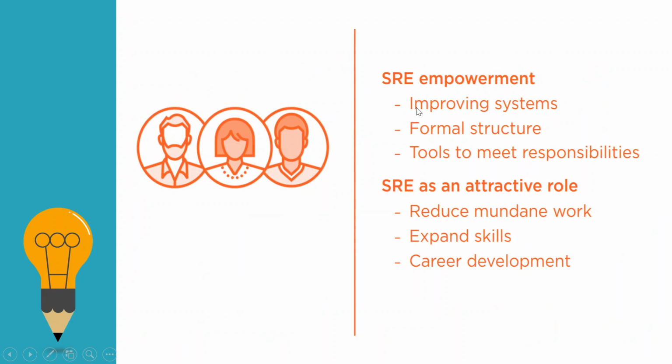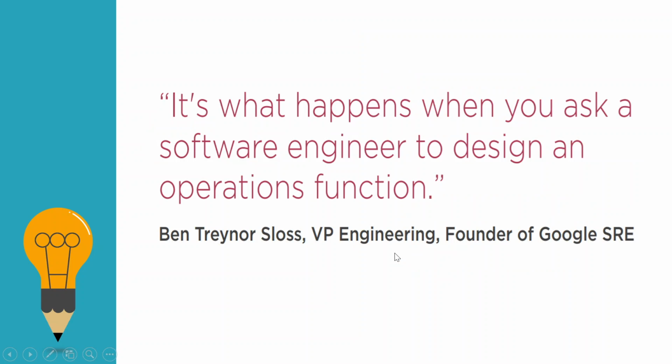So SRE empowerment improves systems and gives a formal structure, a structured way in a team, with tools to meet responsibilities. SRE is an attractive role that reduces mundane, manual work. We'll learn all this in the upcoming sessions and modules, including expanding skills and career development. These are the main features of SRE.